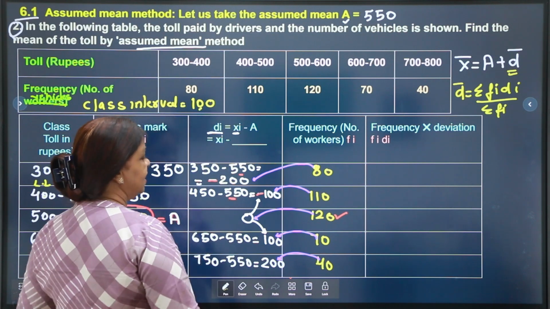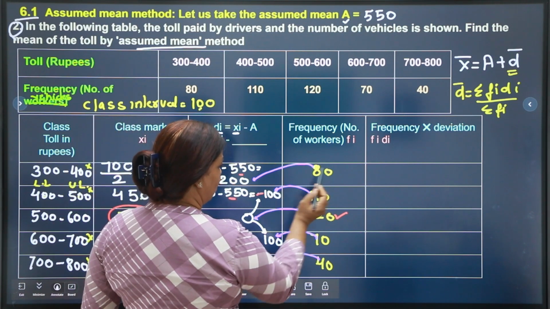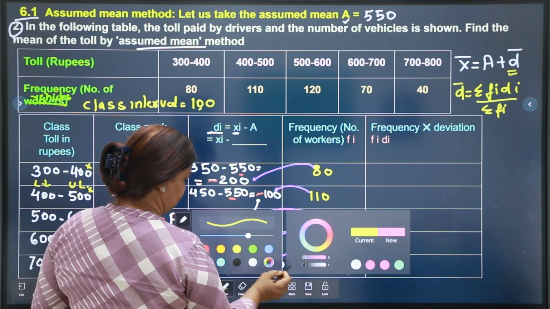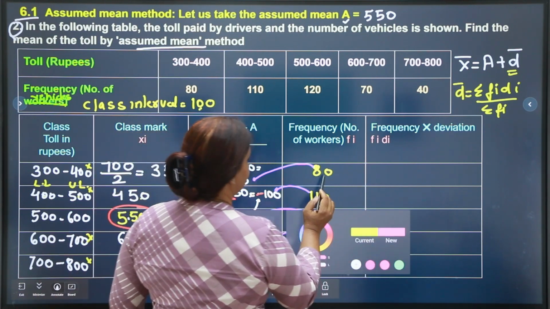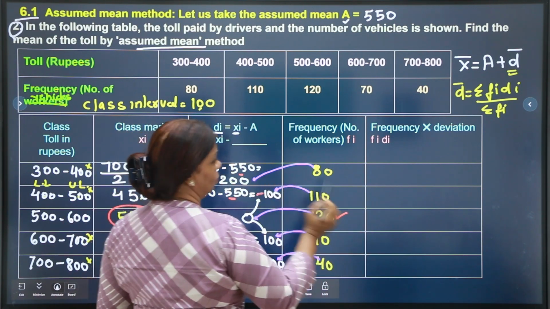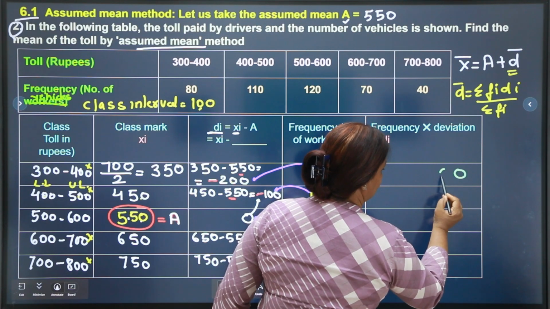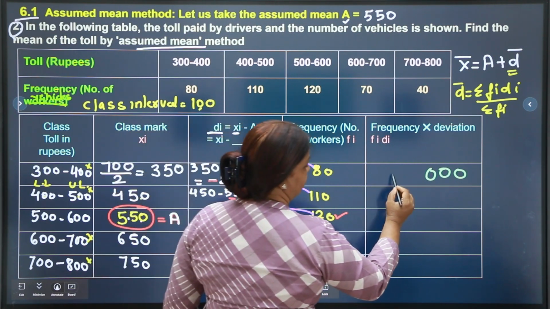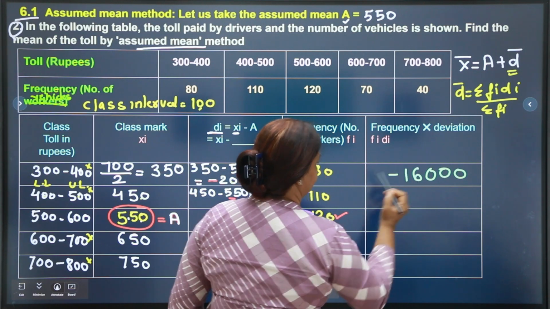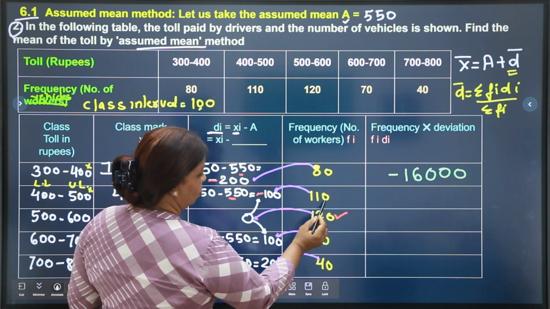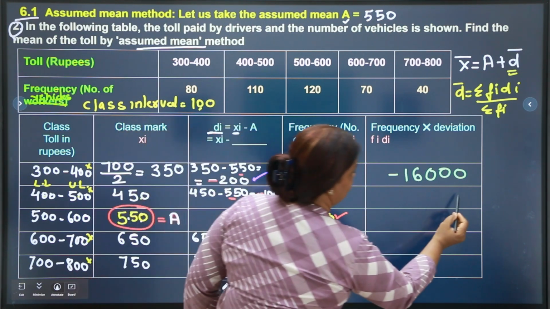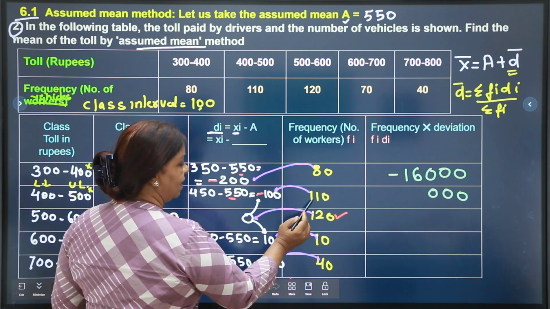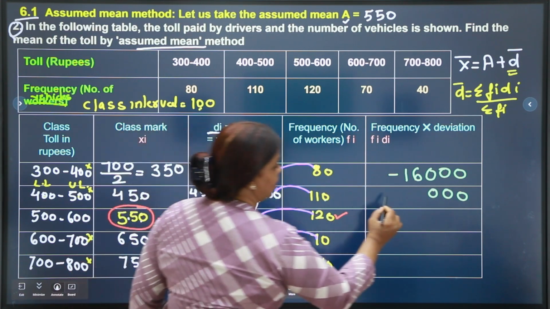8 twos are 16. First I'll write 0. Okay. 1 2 3 0. First 1 2 3 0. So 1 2 3 0 and 8 twos are 16, minus 16. Now here 1 2 3 0. 1, 2, 3, 0. Multiply 11 with 1. 11 ones are 11.